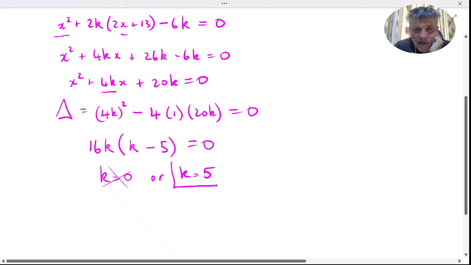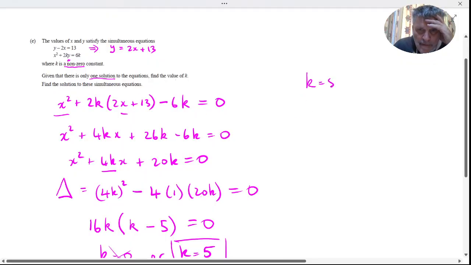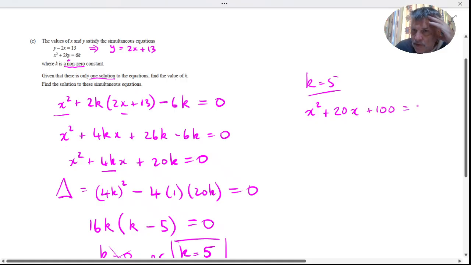That's found the value of k, but we also needed to solve the simultaneous equations, find the solution of these simultaneous equations. So we've got k equal to 5. If we put that into our quadratic, it says x squared plus 4 times 5 is 20x, 20 times 5 is 100, equals 0. That's the same as (x plus 10) all squared equals 0.